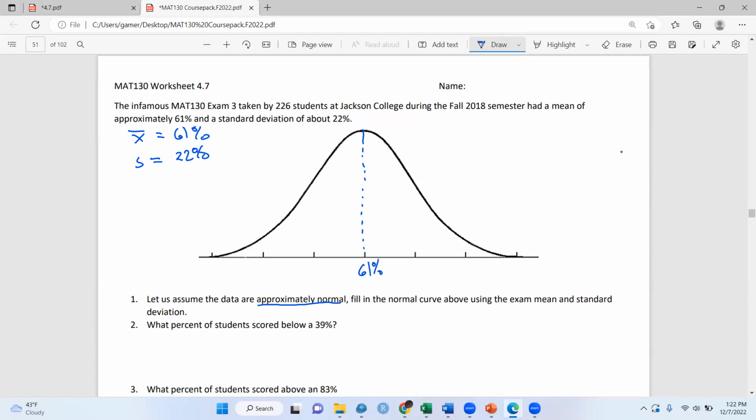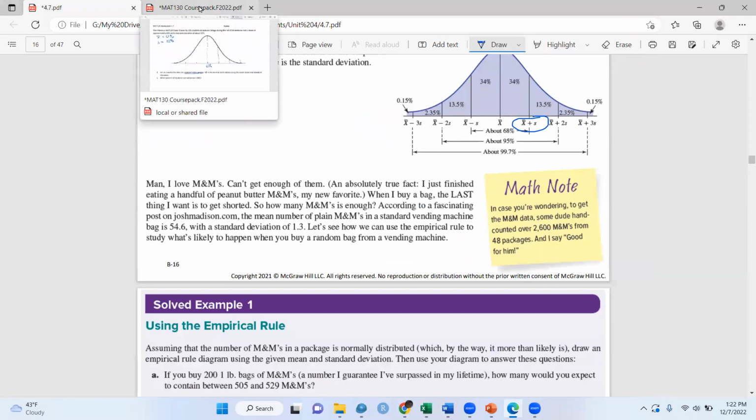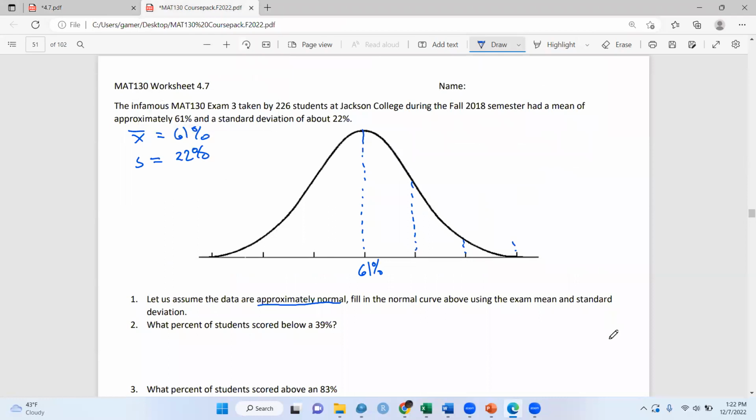Okay, so how do we get these upper tick marks? What is this telling us? X bar plus S. What does that mean? I forget what S is.